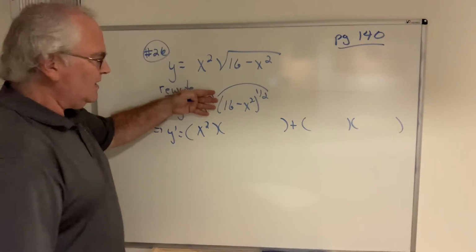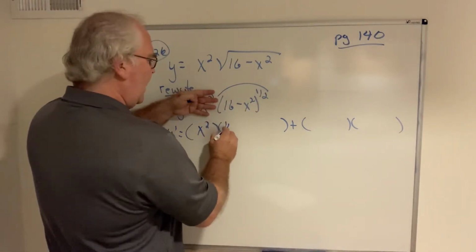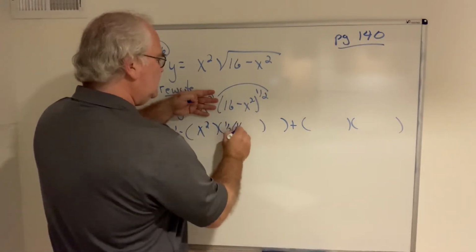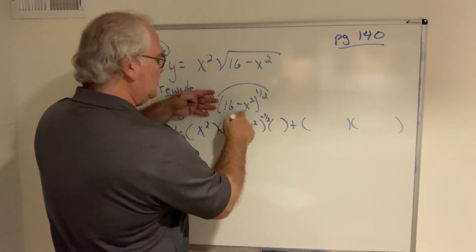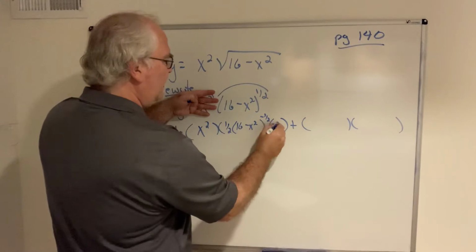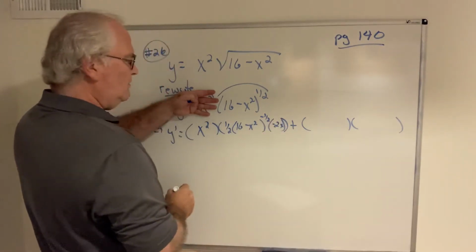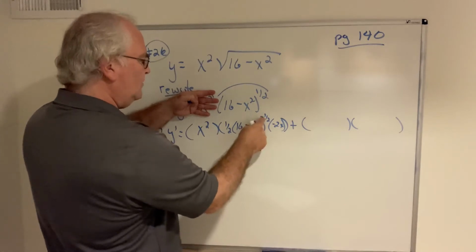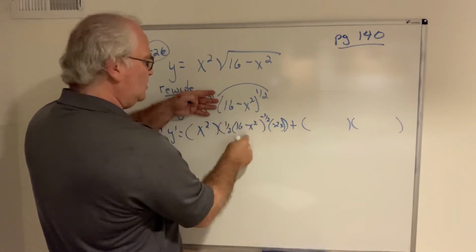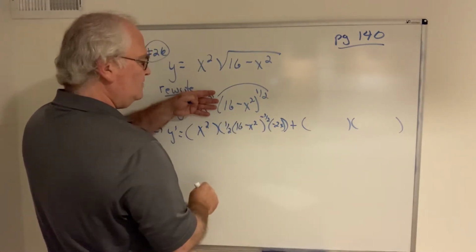The derivative of that is the power rule. 1/2, copy paste to the negative 1/2 times the derivative of what's inside, which is negative 2x. Do we follow that? Power rule, copy paste, reduce by 1 times the derivative of what was inside.